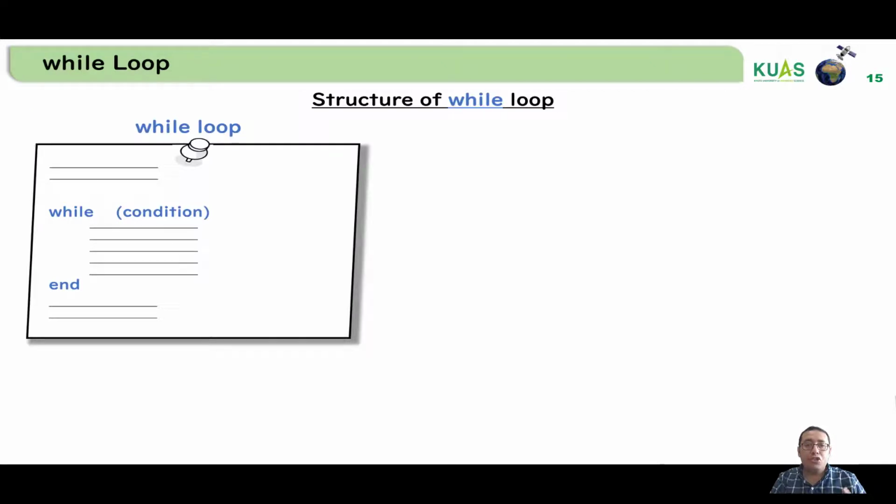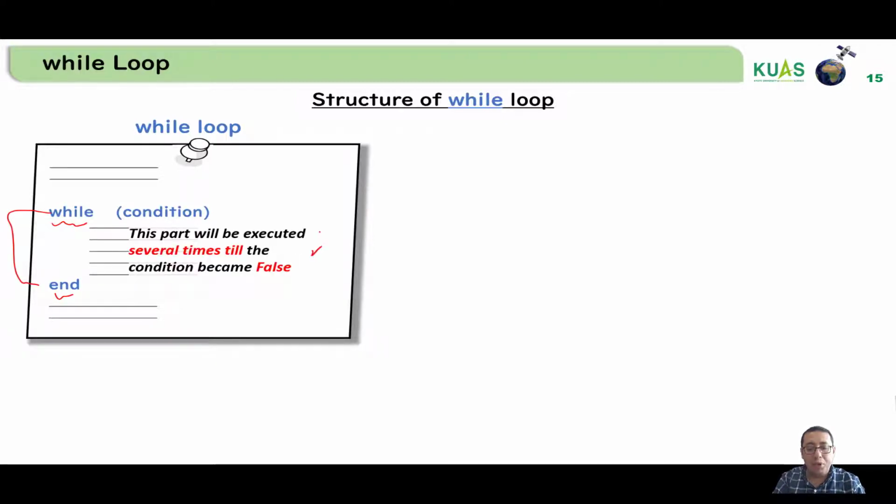So the structure of the while loop is as follows. We write while and end, and this is the loop, and what is inside that part will be executed. So this part will repeat several times. But until when will this part be repeated?